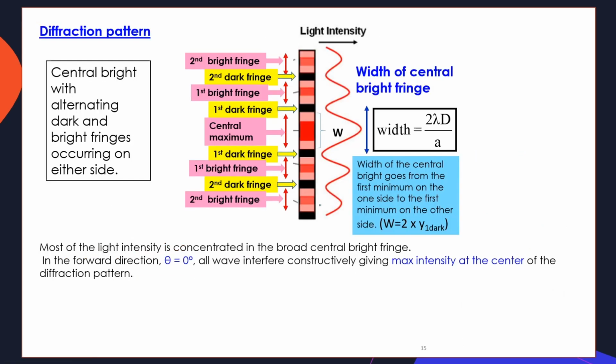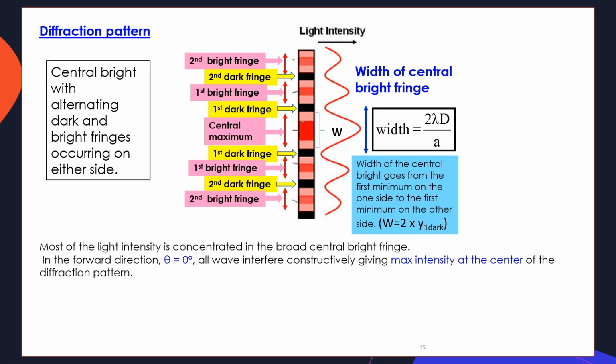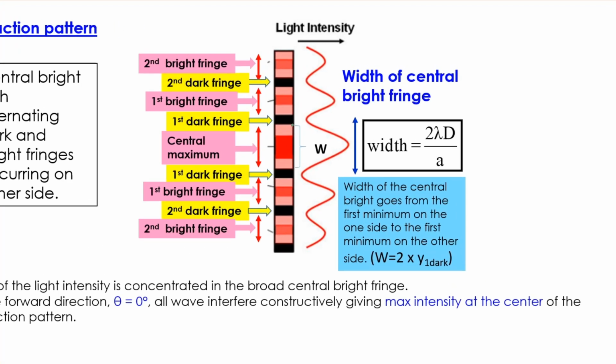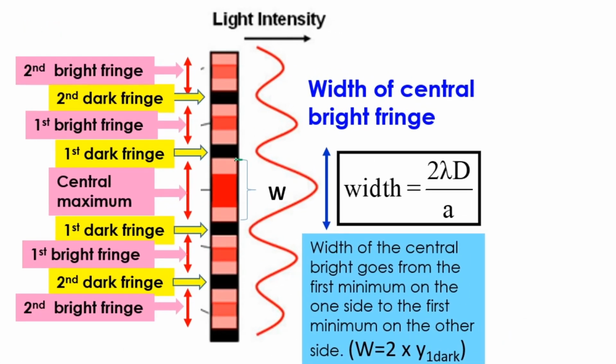So now this is the diffraction pattern. So let's try to look at this pattern in order to discuss the width of the central bright fringe. Okay, so based on this diffraction pattern, we can see here at the middle of the pattern, there is a central maximum, where the central maximum starts from here to here.